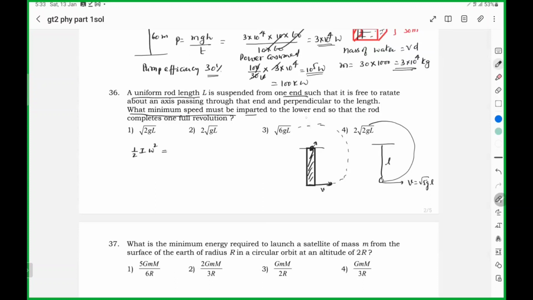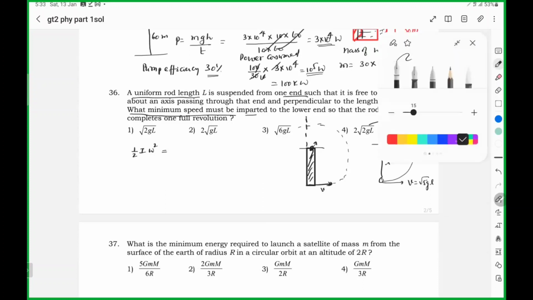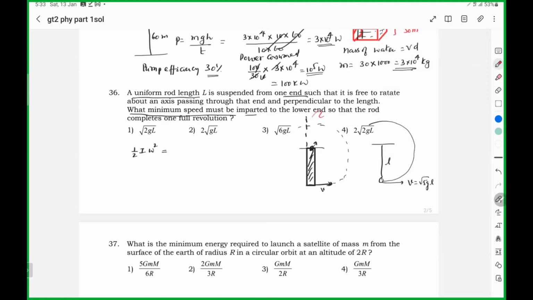To complete a vertical circle, at a certain time the rod must be at this position. Since mass is not located like a point mass at one place, but is distributed, the potential energy will be with mass of the rod, assume it as m, and total length.